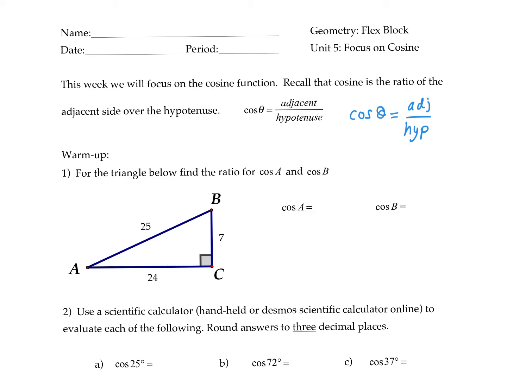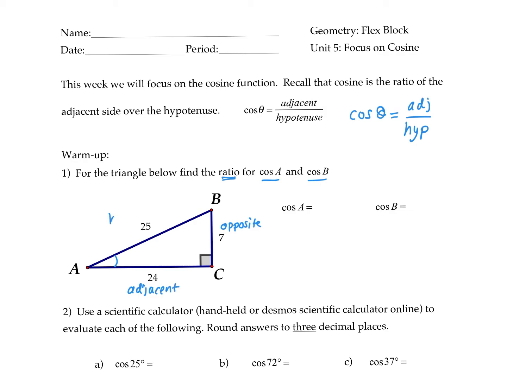So for our warm-up, in this triangle below, we want to find the ratio for the cosine of angle A and the cosine of angle B. So the letter is your angle of reference. First we're going to use cosine of angle A. So label the sides according to their relationship to angle A. 7 would be the opposite side. 24 would be the adjacent side.